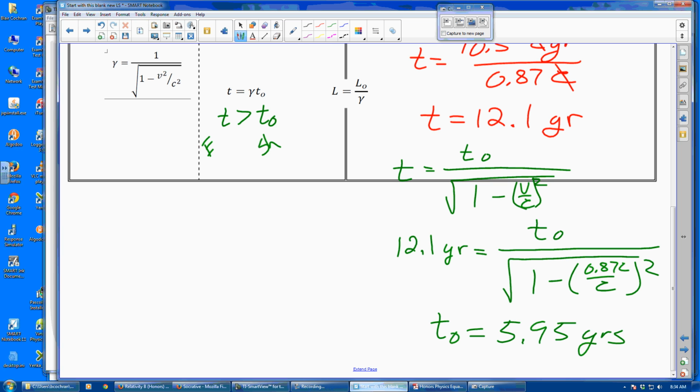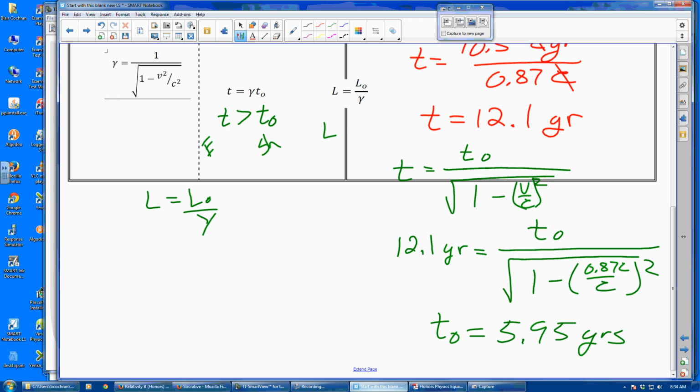Right? I know I'm going quick. I just want to get it all down so that if you don't get it, if you watch it, you can copy it down later and follow along later. So now, but how far have they moved in that 5.95 years? I'm going to use my L equals L naught over gamma.